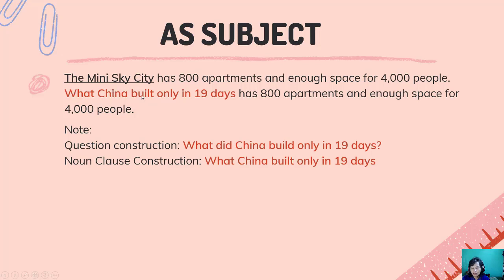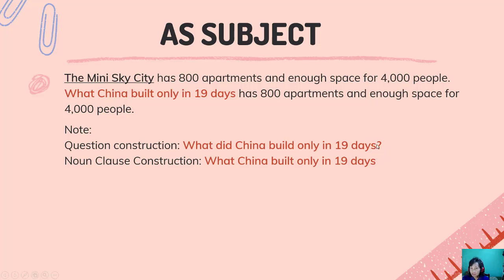Conjunction, subject, and predicate. Remember that a clause is also in the form of a sentence. Is it a question construction? No. Look at this: what did China build only in 19 days? It is a question construction.